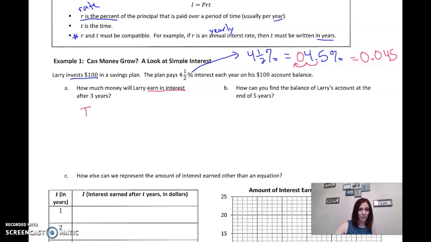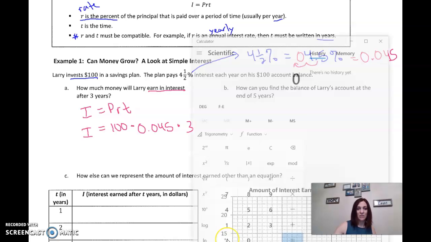How much money will Larry earn in interest after 3 years? Well, our formula is I equals PRT. Interest equals principal times rate as a decimal times time. So interest equals our principal, the amount of money that you deposit or borrow, $100, times our rate, that's our percentage as a decimal, 0.045, times the number of years, T, 3.